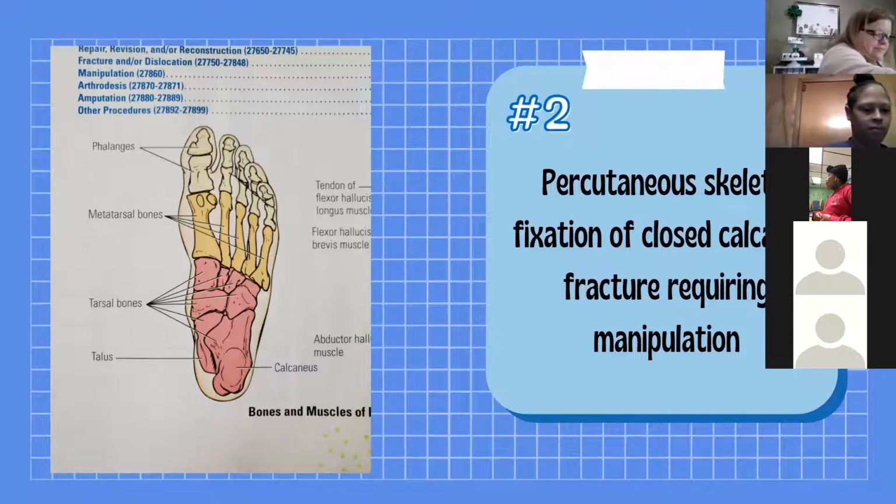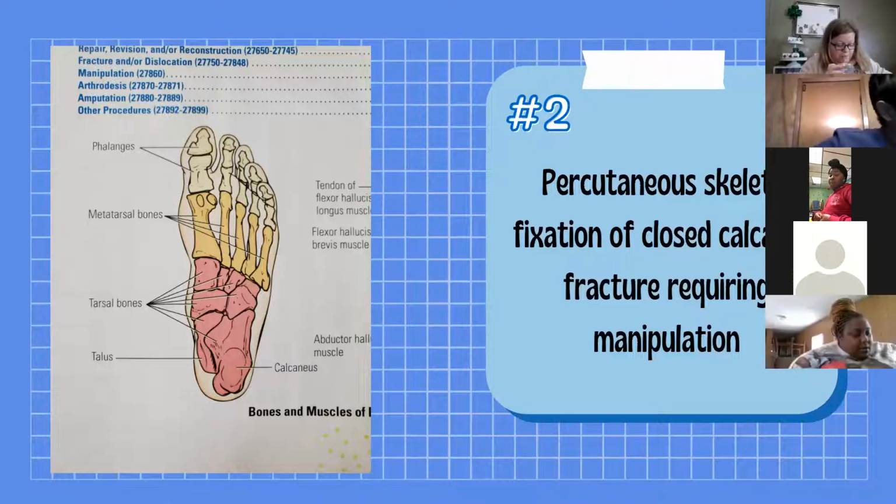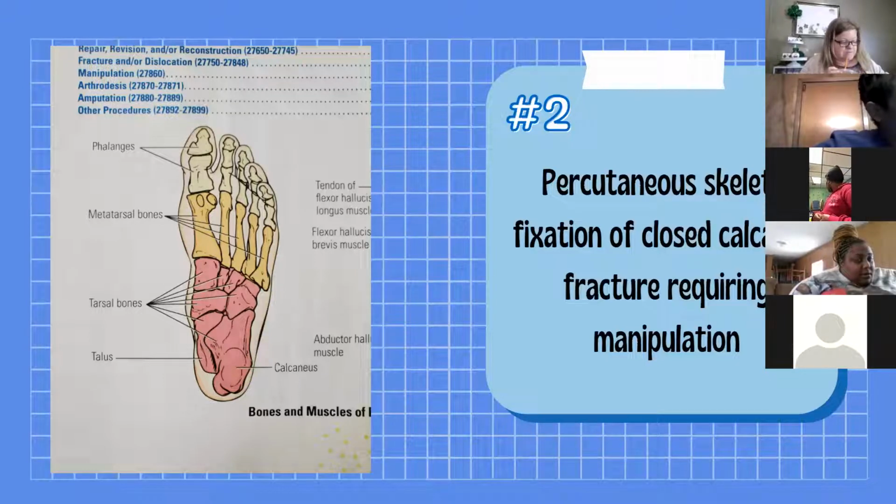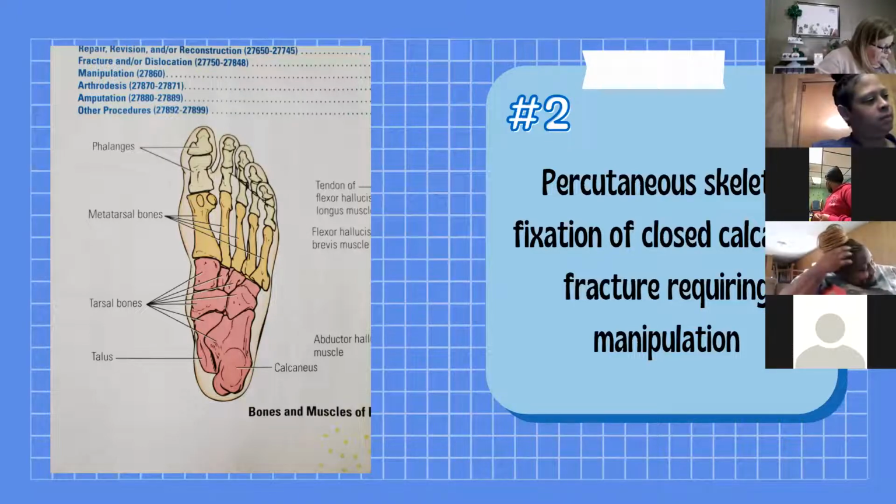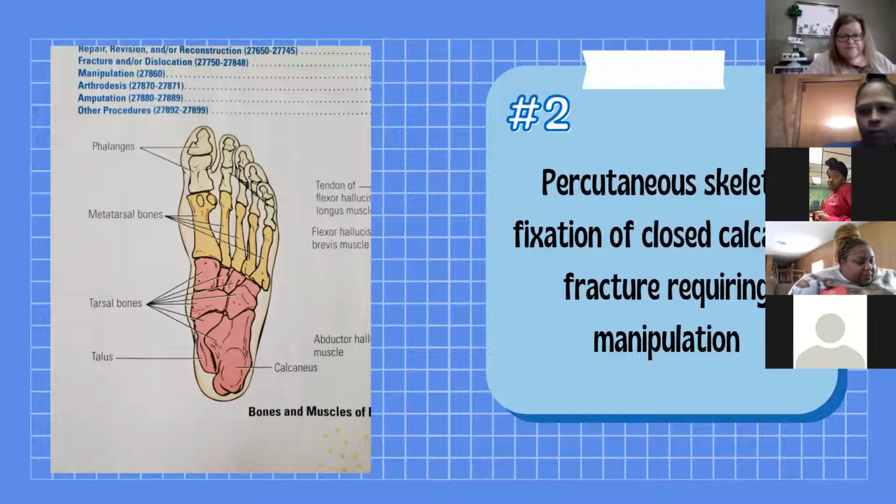All right, so let's look at page 209. If you use 28406, it says percutaneous skeletal fixation of calcaneal fracture with manipulation. Which one is that? 28406. So that fits, right?